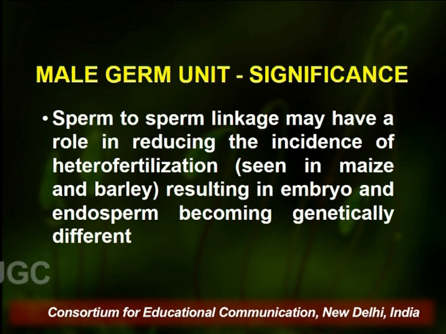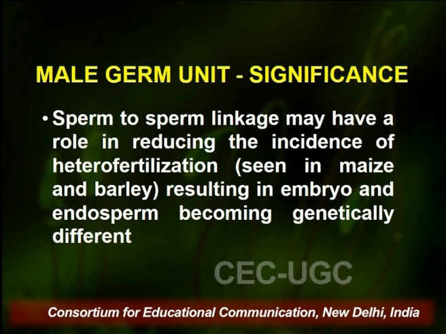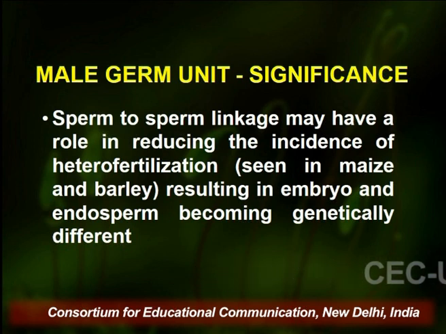If the incidence of heterofertilization is not taken care of, this results in the embryo and endosperm becoming genetically different, if the sperms are coming from two different pollen grains. So if there is no heterofertilization, the embryo and the endosperm are fertilized by sperms from the same pollen grain, and they are not genetically different.